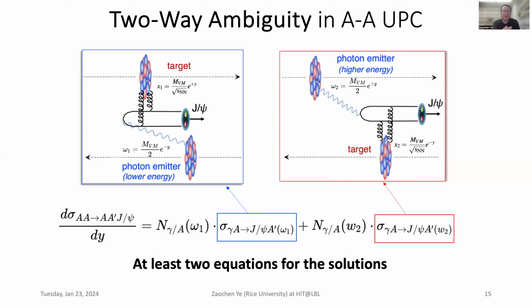Actually, from the physics picture here, it's also very similar between this. The main difference is that the interference is mainly due to when the rapidity is close to 0, the two photons actually have almost the same energy.